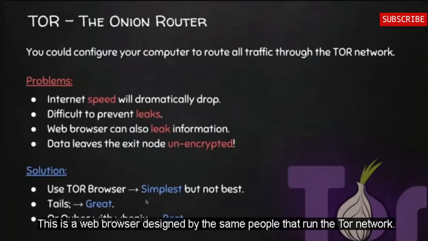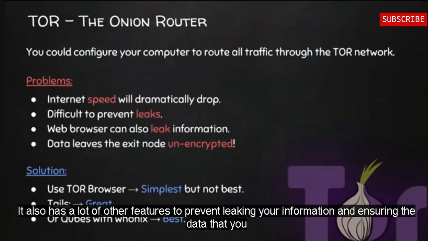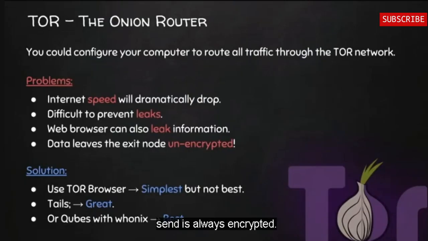This is a web browser designed by the same people that run the Tor network. It routes all the data through the Tor network by default. It also has a lot of other features to prevent leaking your information and ensuring the data that you send is always encrypted. This is the simplest and a good solution.